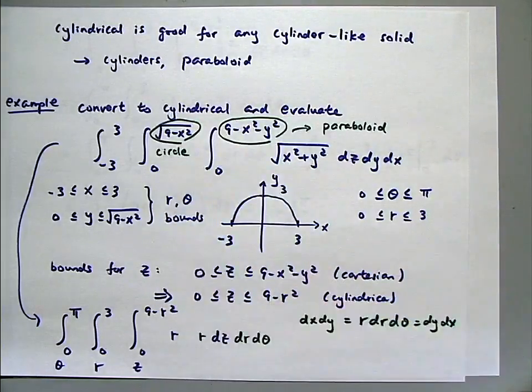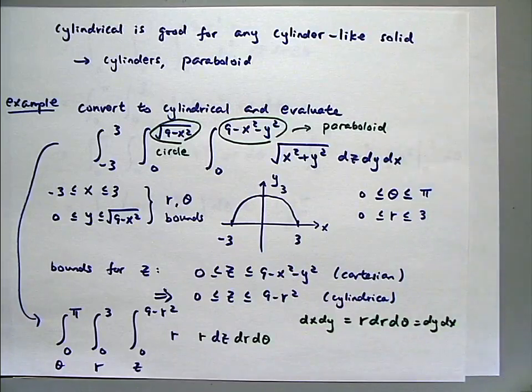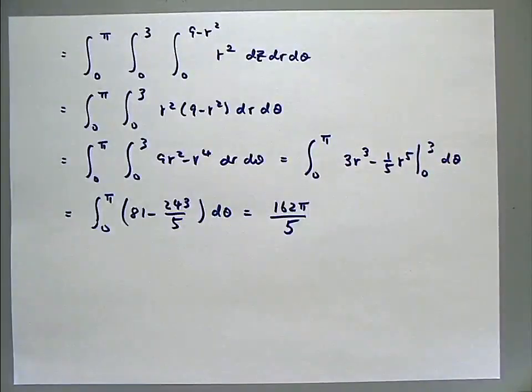If you see a cylinder or a paraboloid or anything cylinder-like, anything dealing with a circle of some sort, chances are cylindrical will be a very good coordinate system to work in. If the region is a rectangle, of course you want to stick with rectangular.